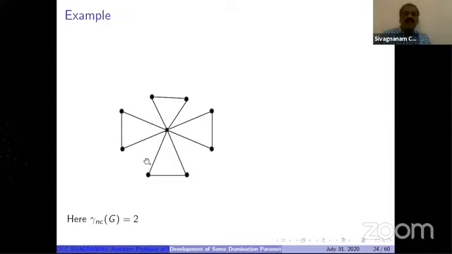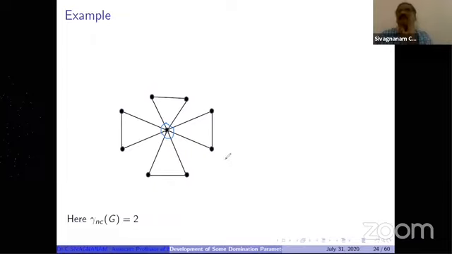What is the domination number for this graph? Already I told you, this is our friendship graph. In this graph, gamma equals 1, with this vertex. What is NS? NS is disconnected, as already explained. So when gamma equals 1, one vertex is not sufficient for dominating all the vertices with NS connected.